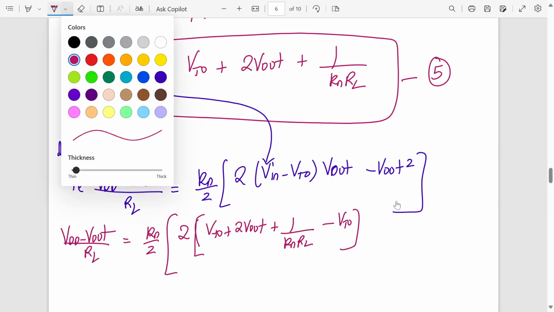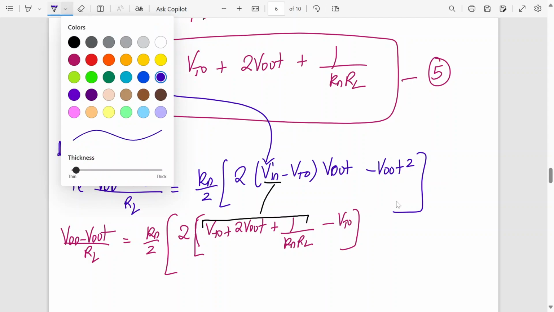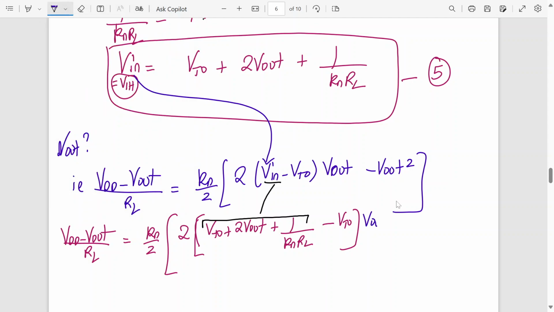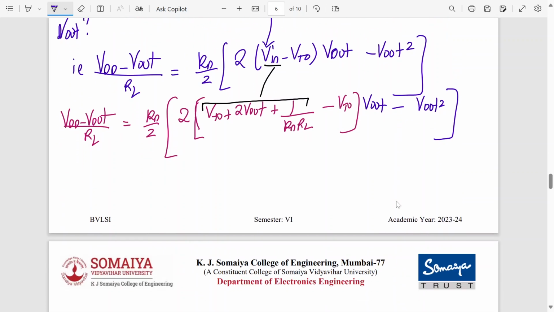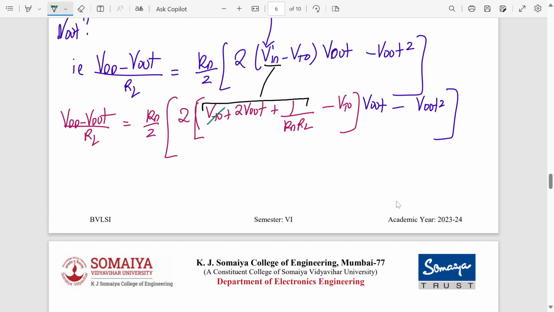So this entire expression was equal to V in. Yes or no? Then minus VTO will come, and that is multiplied by V out minus V out square. Okay, so what gets cancelled out over here? The VTO terms get cancelled out.